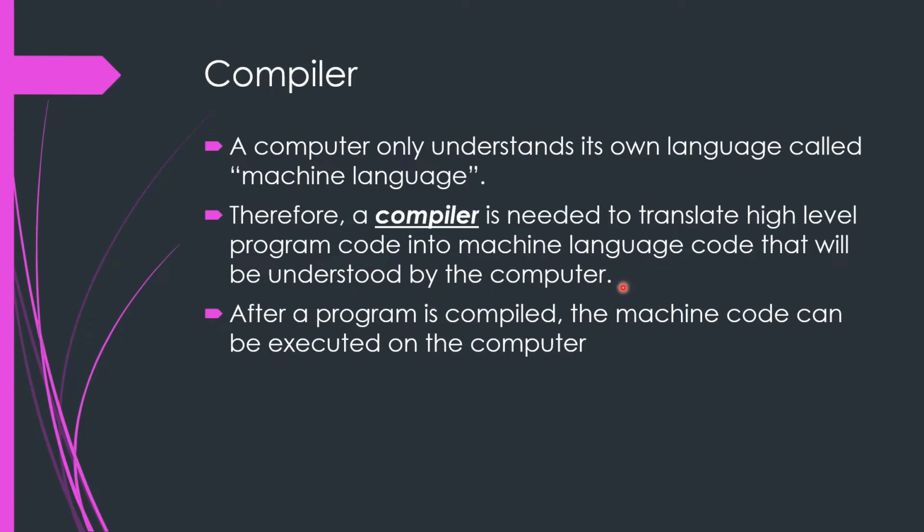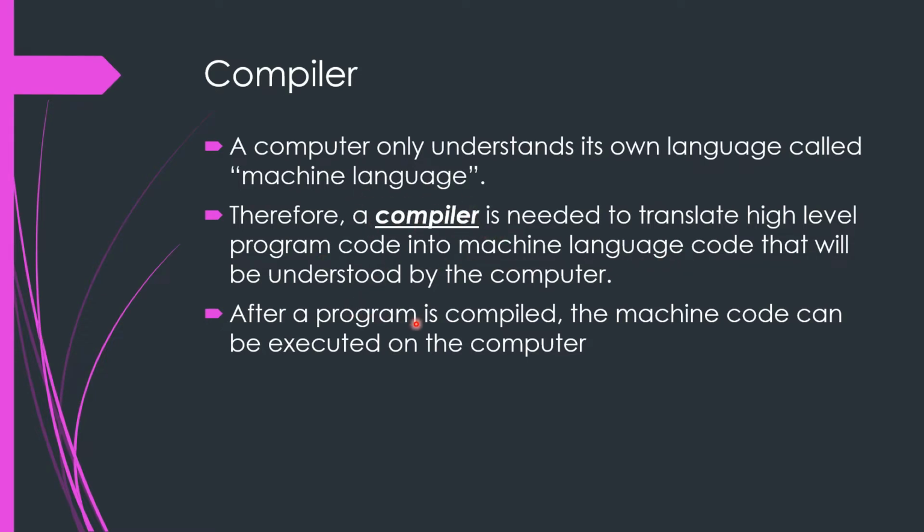So basically, we are giving the code in our own language. So we need to compile or translate this code into machine language code so that it is understood by the computer. And this work of translating high-level program code into machine language code is done by the compiler.